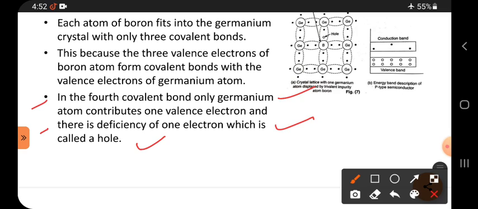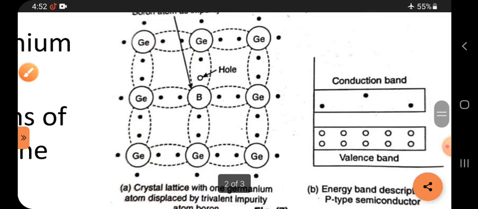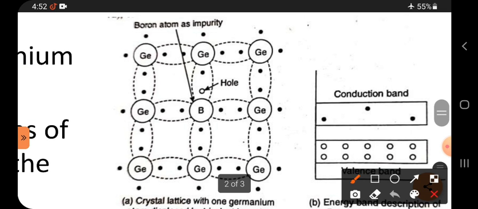Around the boron, now see the diagram. Here is a boron containing only 3 valency electrons. This electron forms a covalent bond with the germanium atom's electron, and so do the others. If this side wants to form a bond, one more electron has to be present, but no electron is present on this side, because boron has only 3 electrons. So there is one vacancy.